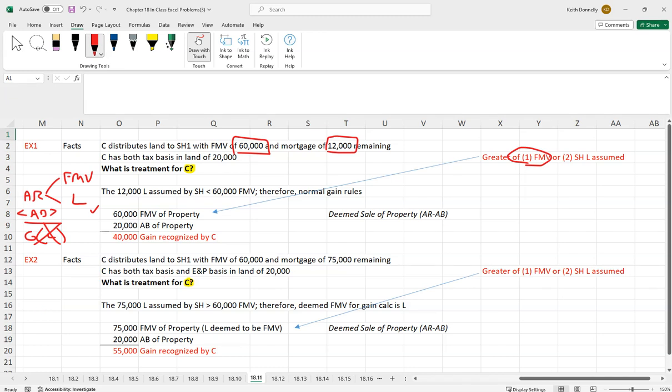In distinction, down here, whenever we have amount realized minus adjusted basis, giving us gain or loss, we have fair market value and liability the shareholder assumed. Well, it's 60 versus 75. The liability assumed is bigger. So we're going to use that one.